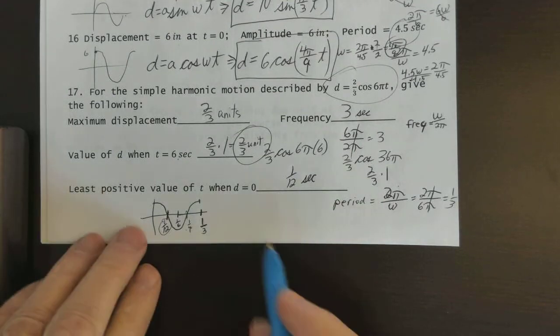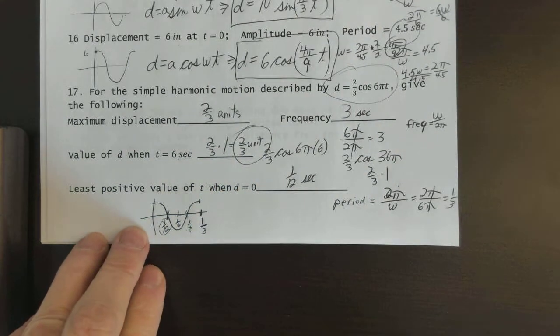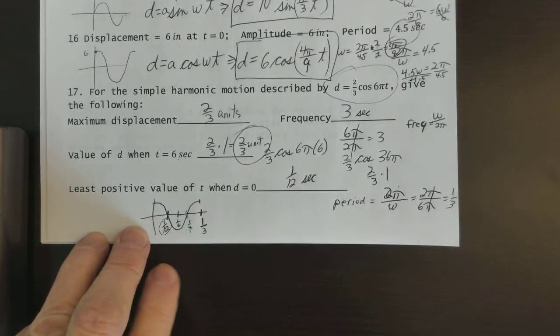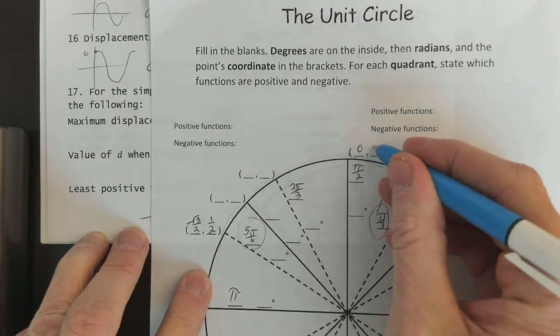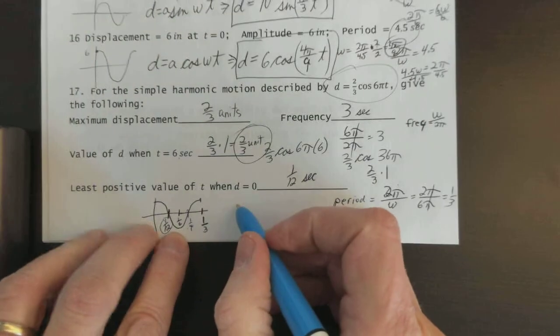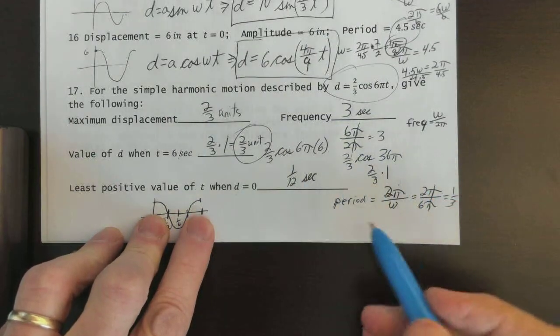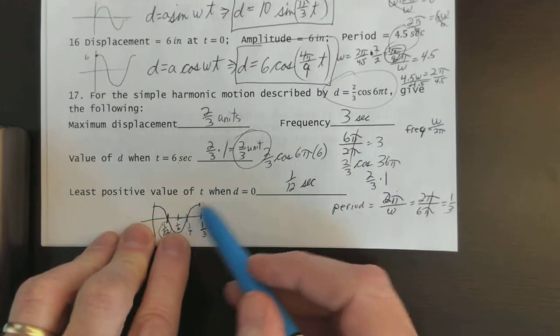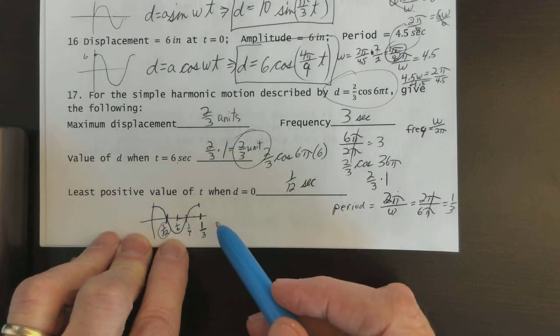Now, this is cosine. When cosine is 0, you're at pi over 2. So I think Mr. Shell was showing you the alternative way. I'm showing you just by looking at the graph and labeling the t-axis here.